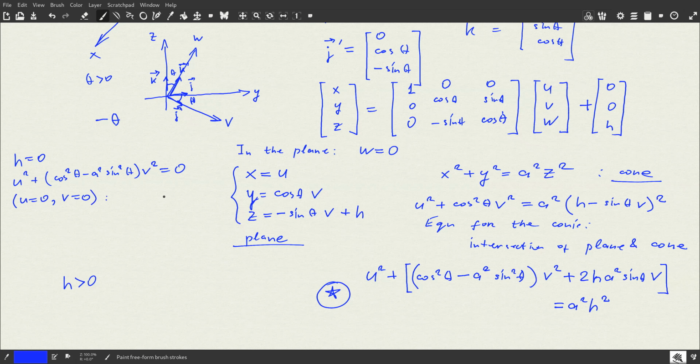This is a very degenerate case, by the way, which means that a conic section can also be a single point.